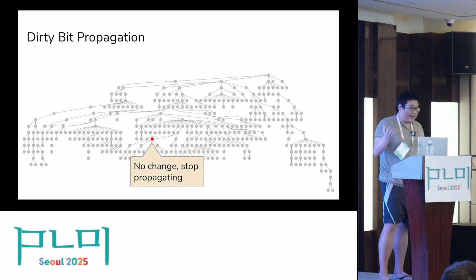Now let's say this time, when we are recomputing this node, it's the same. We don't change anything. Then everything is good. We don't have to dirty the dependency, and we can stop here. This stopping is important because with it, typically for each external dirty node, we only have to do about 3 to 5 recomputations to fix everything.